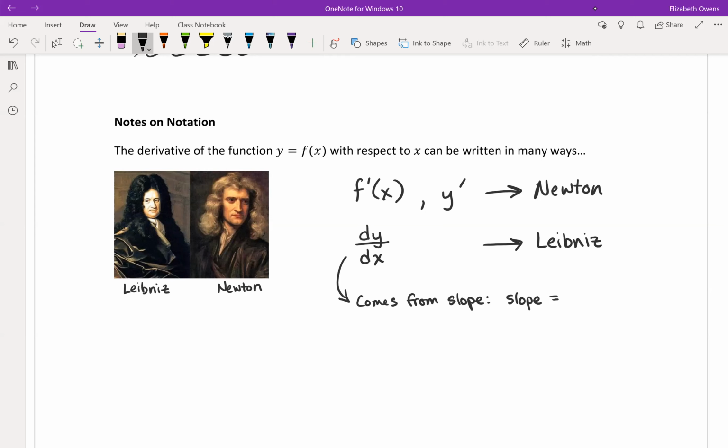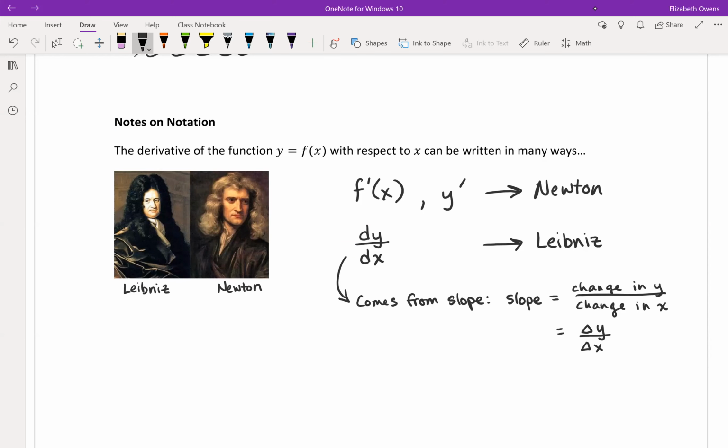We can use the letter delta to represent change, capital delta, that is, the little triangle. We see that in the sciences, chemistry, physics. So we could say delta y over delta x, like so.